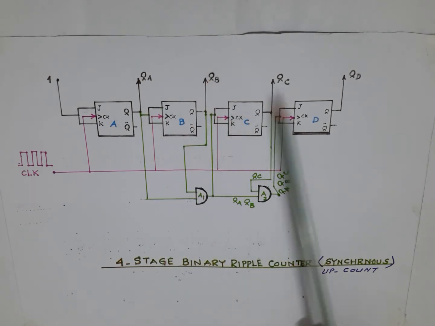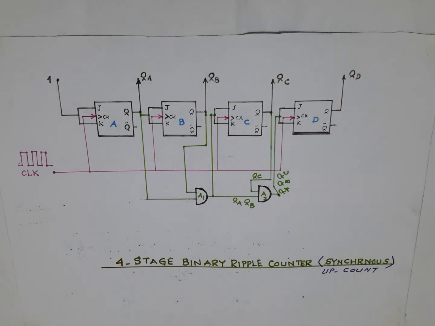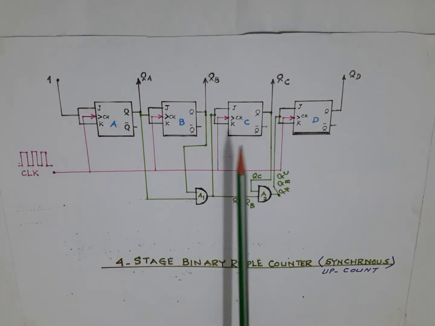QA will fall to 0, QC will fall to 0, D will fall to 0, and they will reset to 0, 0, 0, 0, and the count will start again. That means after every 16 clock pulses, the flip-flops will reset and the count will start again.